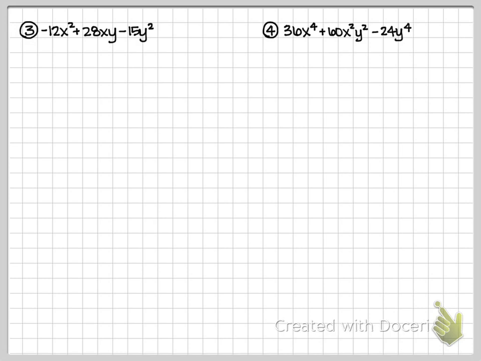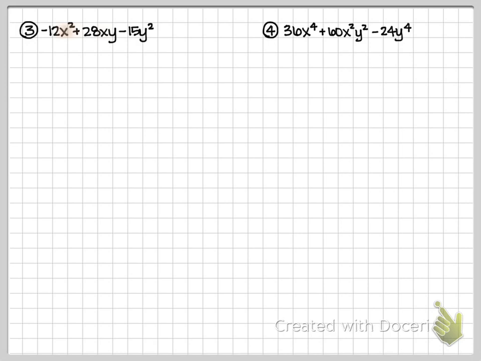First and foremost, I want to make sure that I chose a variable and wrote it in descending order for that variable. So you'll notice that there are x's and y's here. I chose x's to descend. So my first term is an x squared. Notice that that is the biggest x in here.